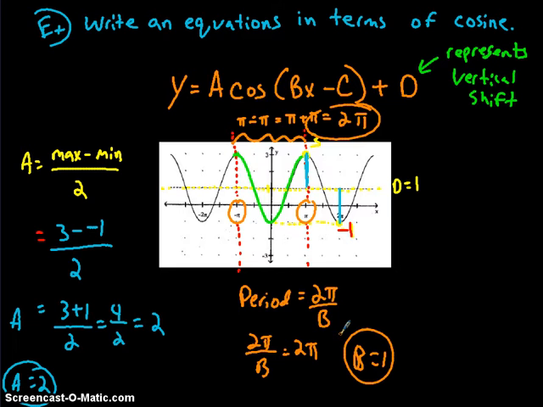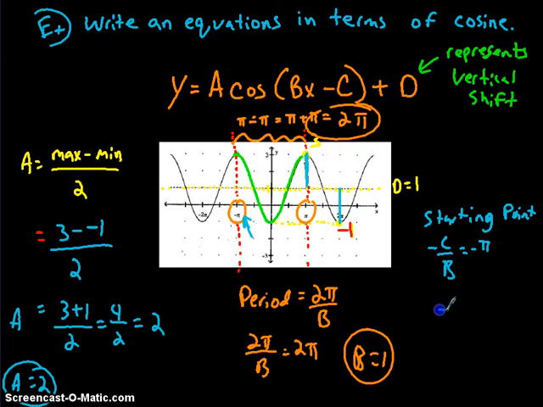And the last thing we need is the C value. And that comes from the starting point. So since I started here, I started around the curve, the starting point's right there at negative pi. So my start is negative C over B, which equals the number we decided was negative pi.